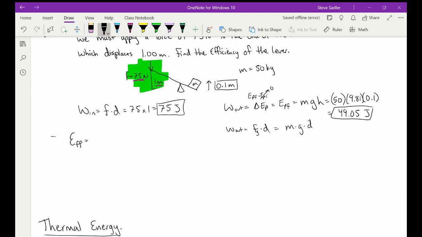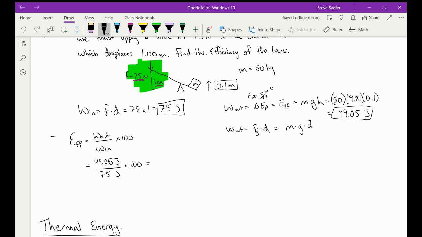So efficiency is work out over work in, multiplied by 100. That will be work out is 49.05 over work in 75 joules.